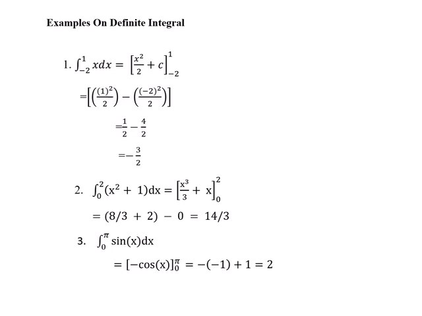If we are integrating sine s, it gives us minus cos s. So here we are taking the limit now from 0 to pi. So we have gotten our integral as minus cos s.